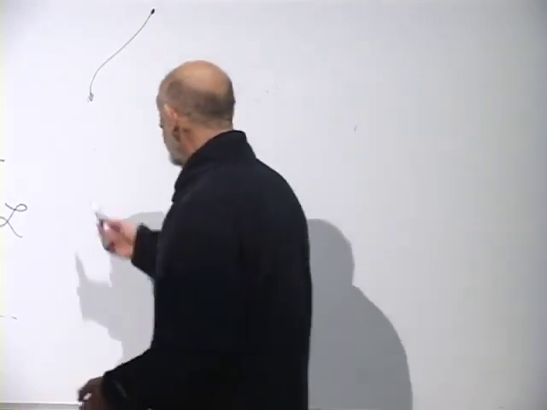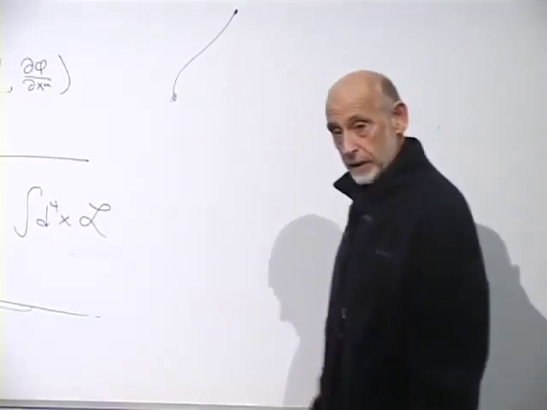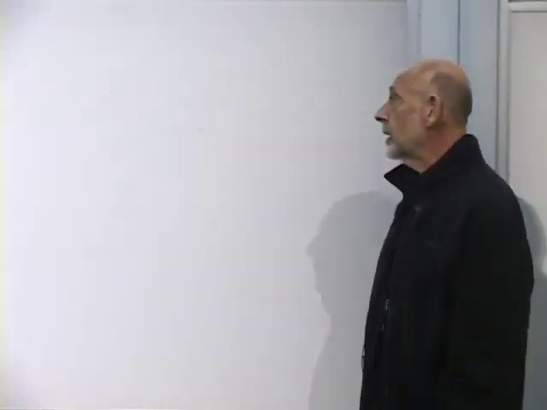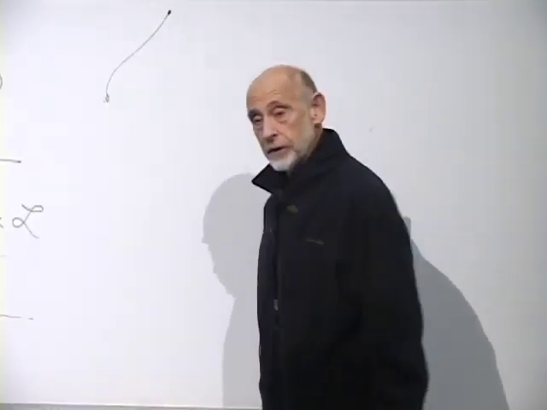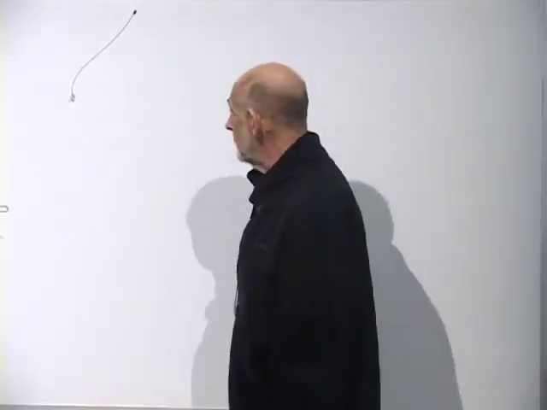All right, so let's come back now to the quantum mechanical idea. The quantum mechanical idea has to do with amplitudes. Amplitudes are things out of which you construct probabilities.